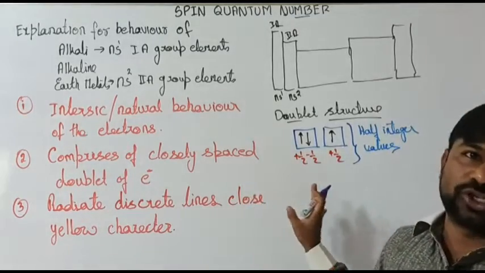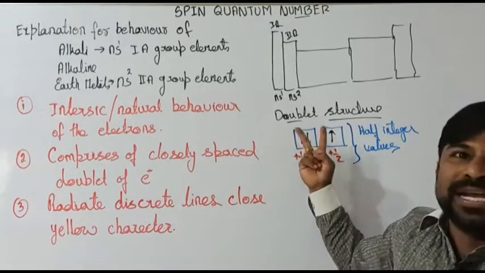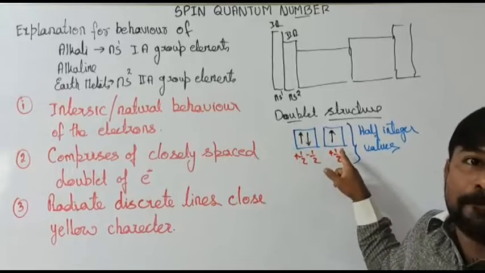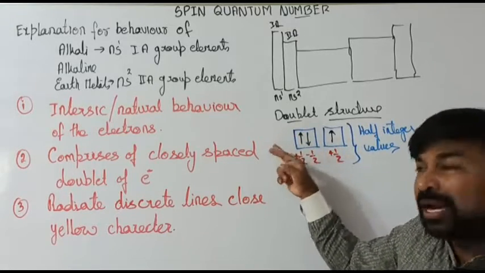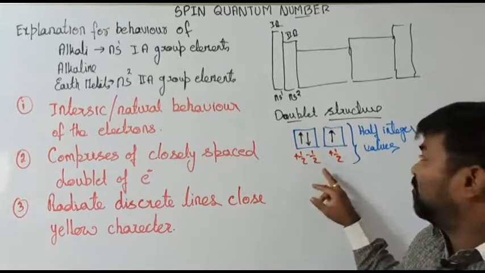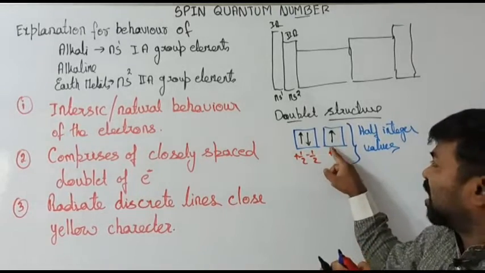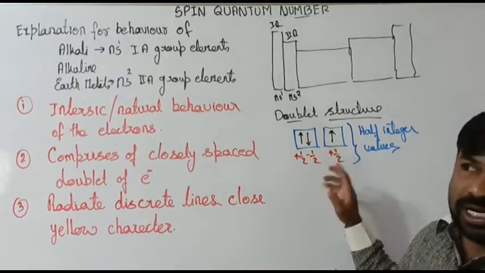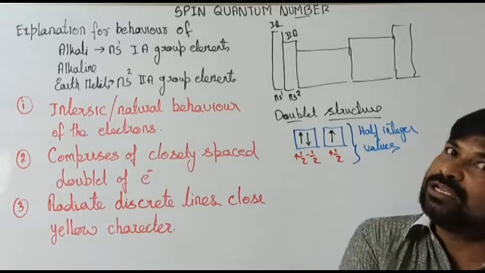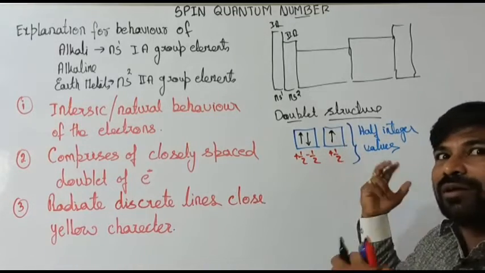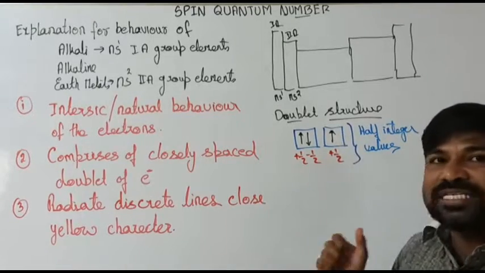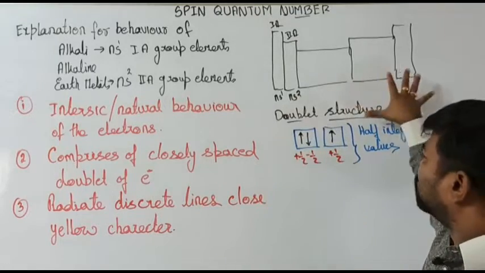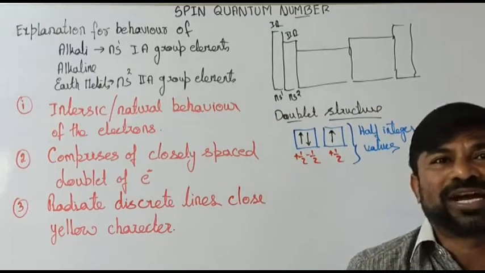Any such structure which has one complete pair and one unpaired electron, the last one being a half integral, it might be positive or negative, clockwise or anti-clockwise. If the last one is left over like this, such a structure we call a duplet structure.